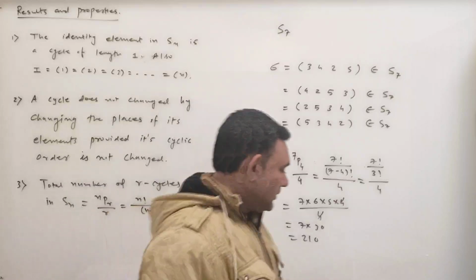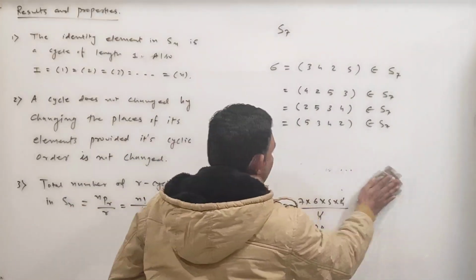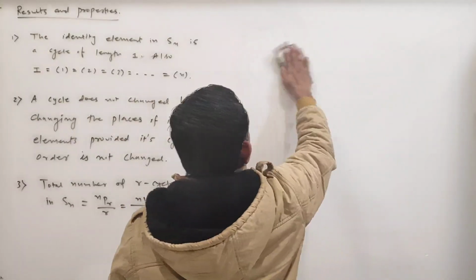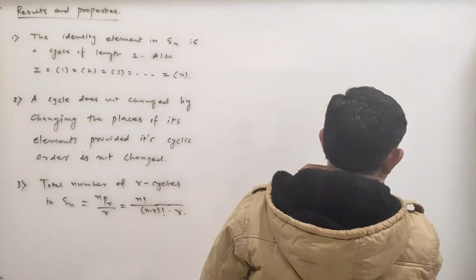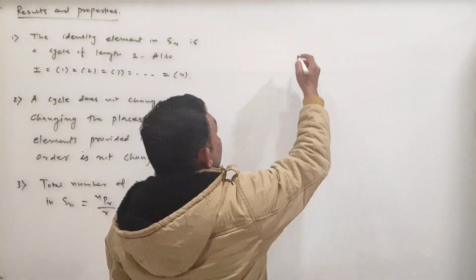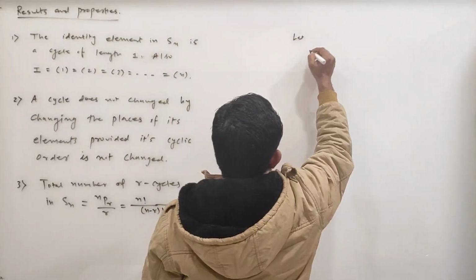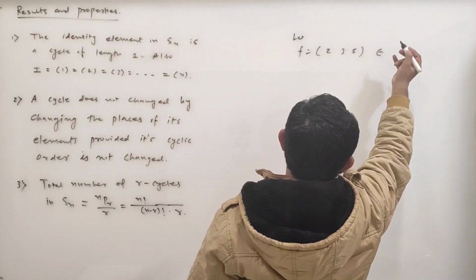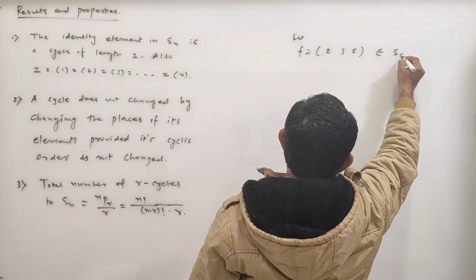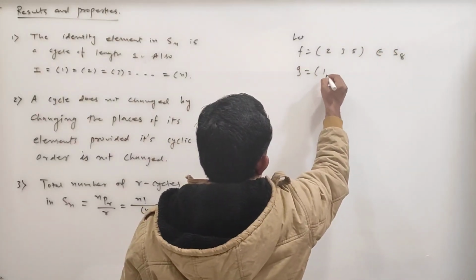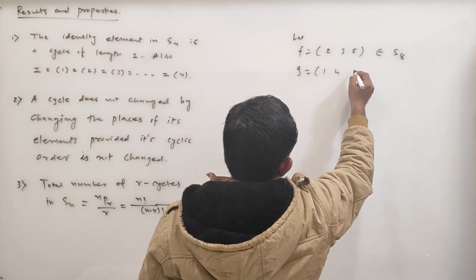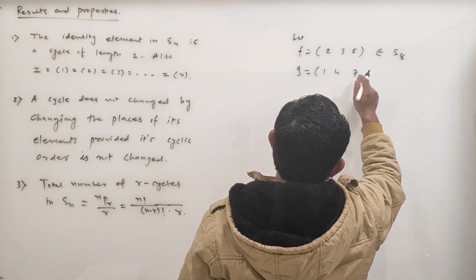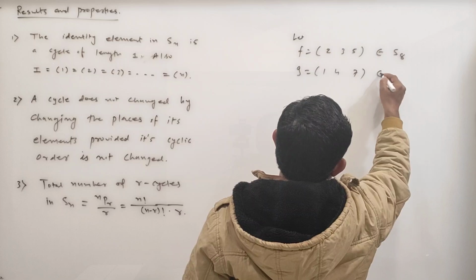Now we know what a disjoint cycle is, right? So you consider f equal to (2 3 5) belonging to, say, S8, and g equal to (1 4 7), and (3 6)... okay, fine, (1 4 7) belongs to S8.